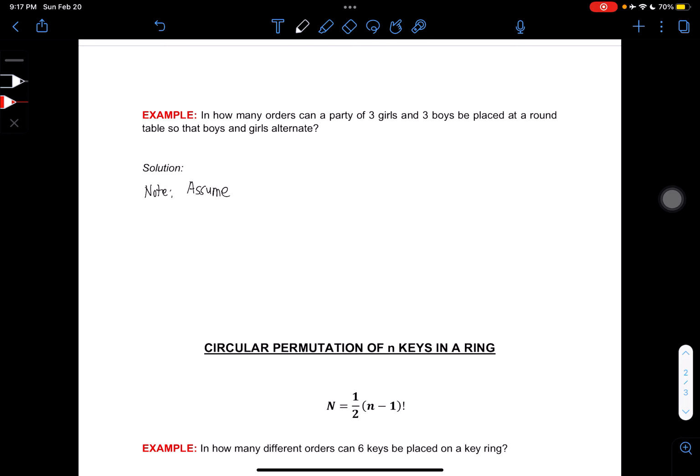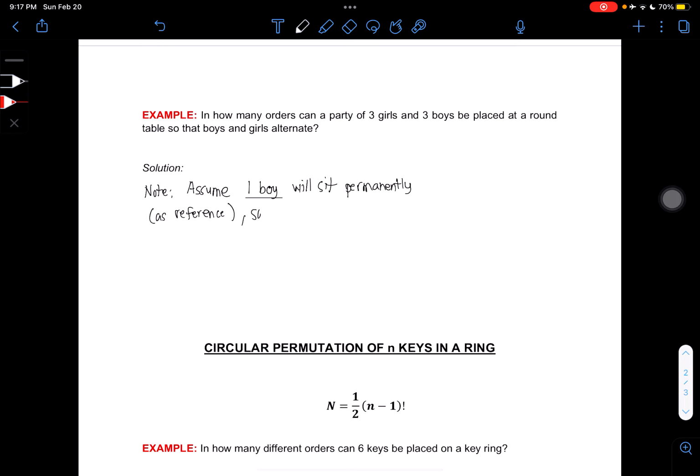So we assume one boy will sit permanently, fixed as the reference.